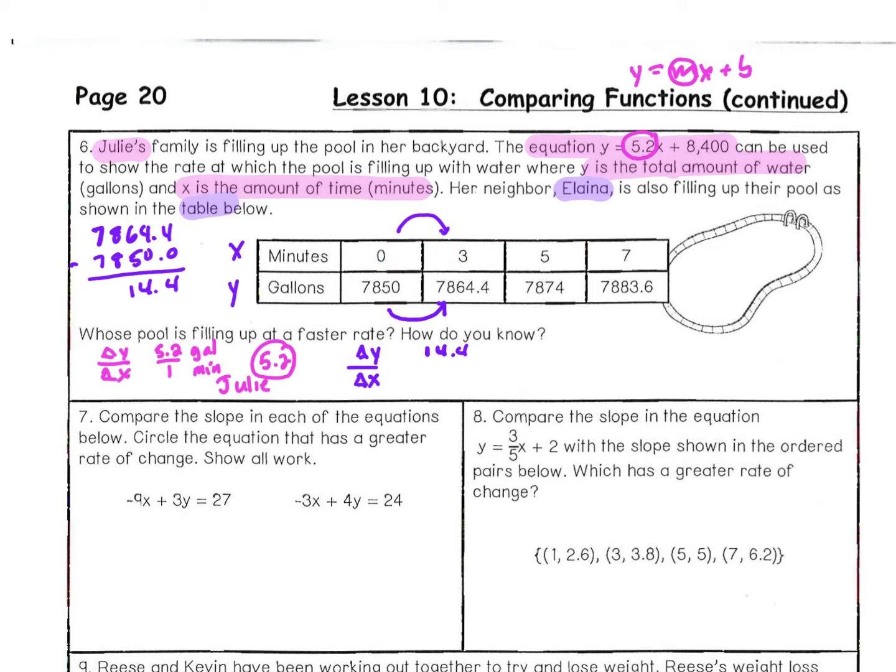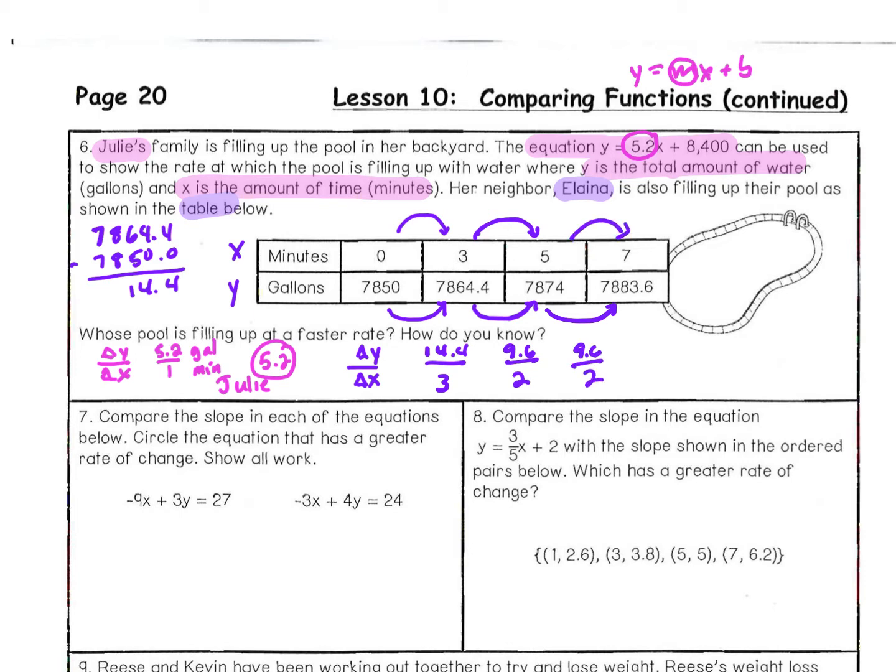That's 3. And now we're going to have to find the change from this y to this y value, and from this x to this x value. For the sake of time, I'm just going to ask you to take this in your calculator minus this, and you should get 9 and 6/10, and the change from 3 to 5 is 2. Then you're going to do it for the last. You're also going to get 9 and 6/10, and you're going to get 2.